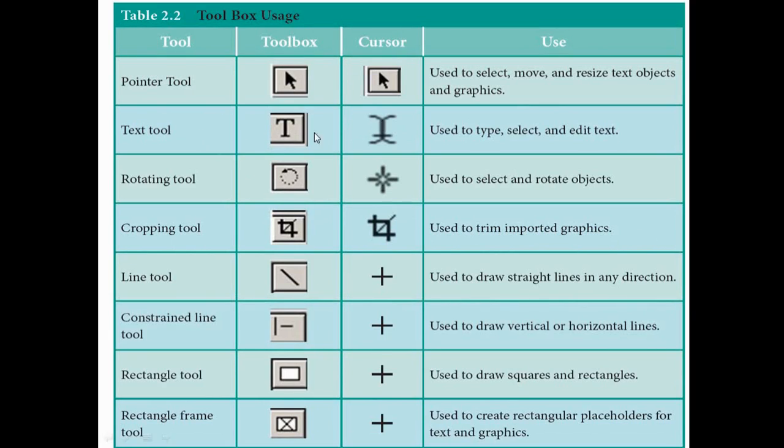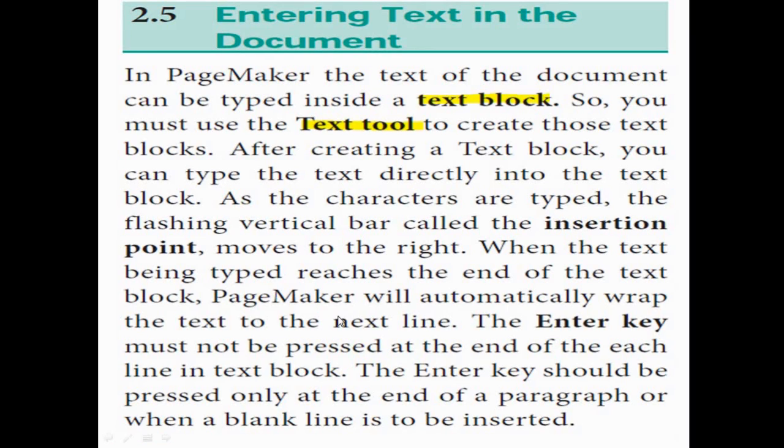You are going to use the text tool for typing, selecting, and editing the text. After creating a text block, you can type the text directly into it. As the characters are typed, the flashing vertical bar called the insertion point moves to the right.